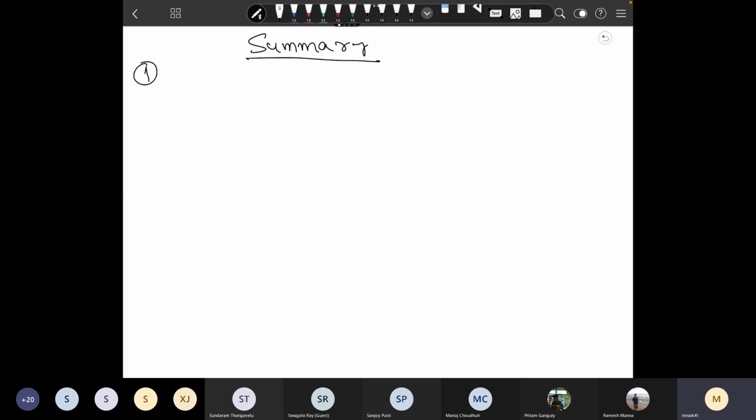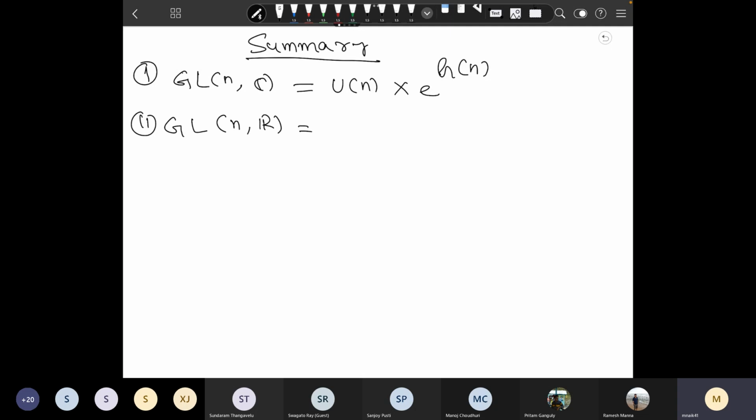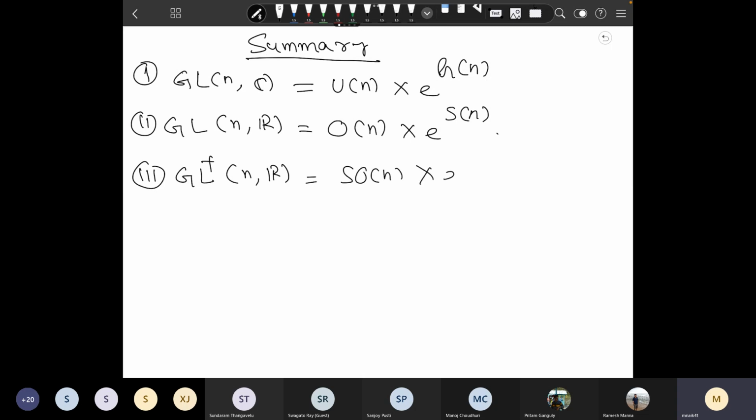What I am getting: GLNC is equal to UN times e to the power HN. GLNR is ON times e to the power SN. Third, GL plus NR is SON times e to the power SN.